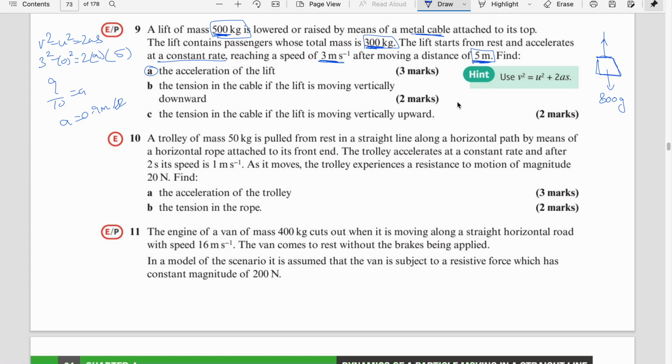Now see that F equals ma. It is moving downwards, so we take 800g as positive. This is 800 into 9.8 minus tension is equal to mass, which is 800, times acceleration, which is 0.9.